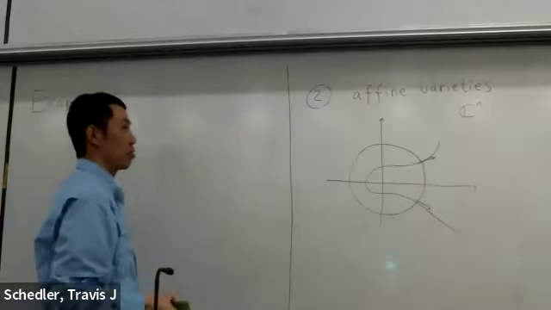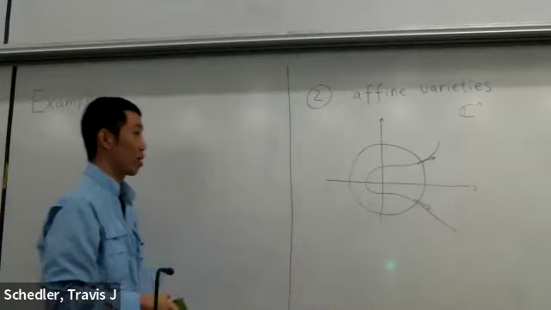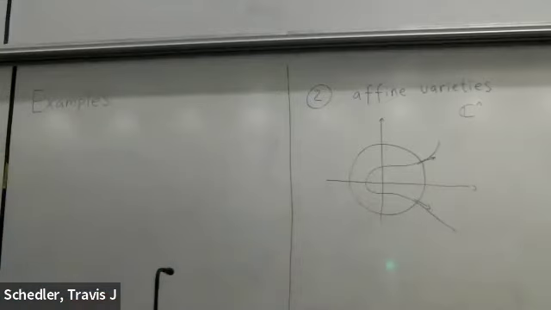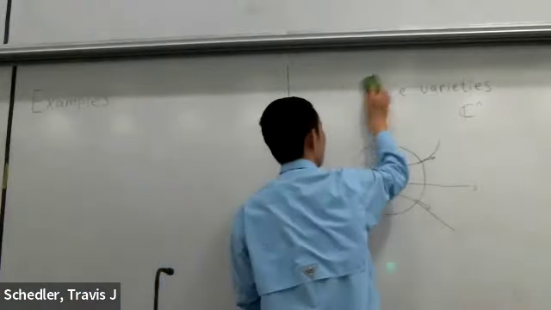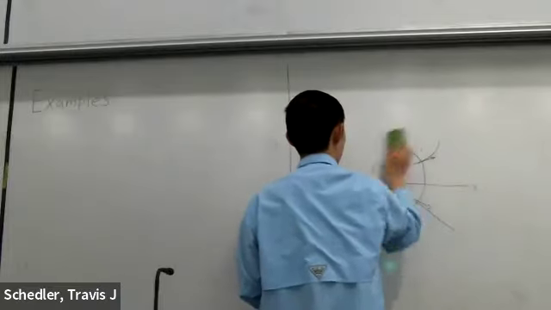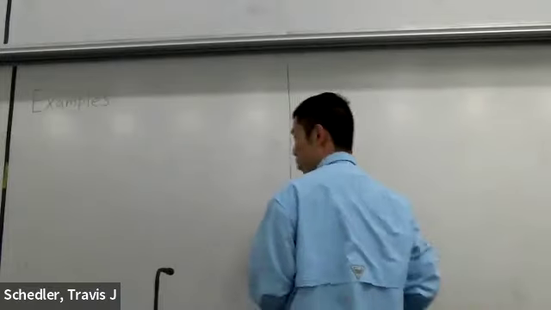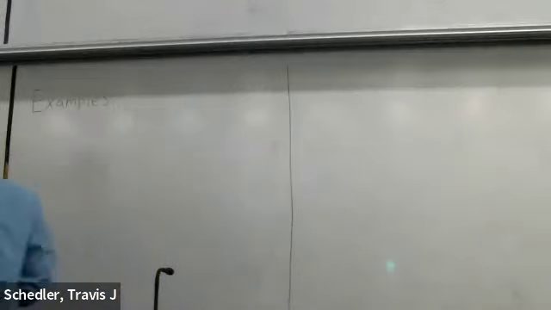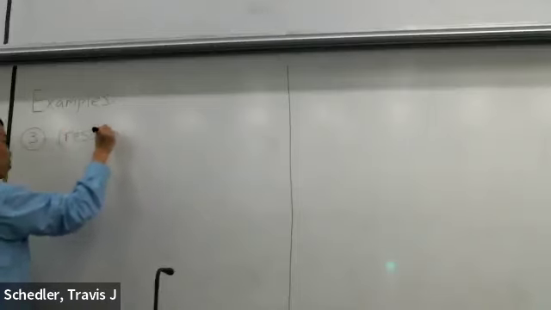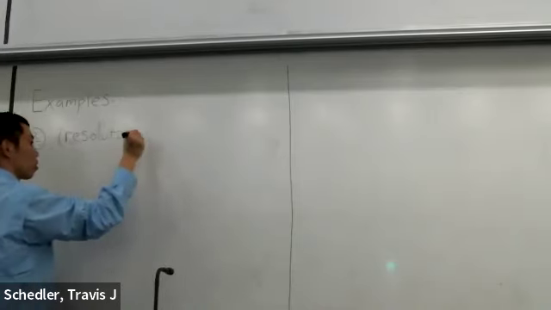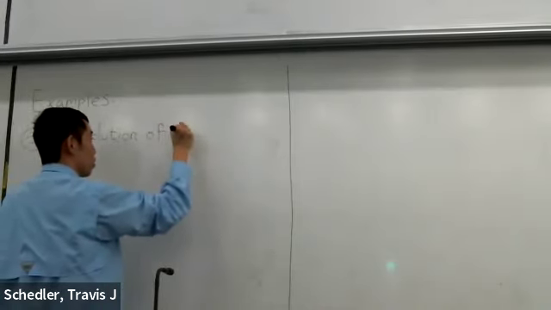So suppose your variety has some singularity. For simplicity, let's assume it has an isolated singular point at the origin.